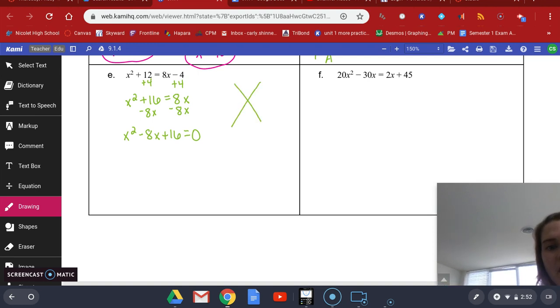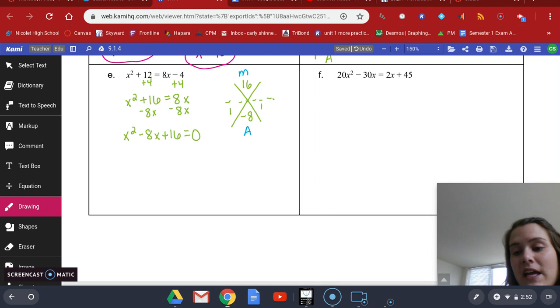Okay, and then I'm going to go over here. I'm going to choose to factor this one because it doesn't look so bad. So I've got A is 1, B is -8, and then A times C would be 16. So I'm asking myself, what multiplies to 16 but adds to -8?